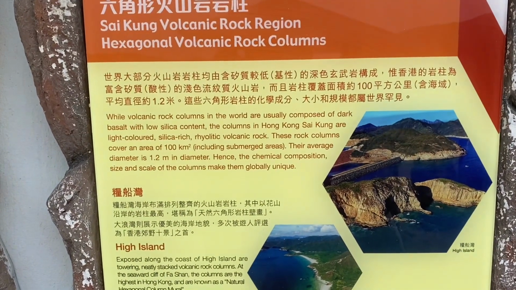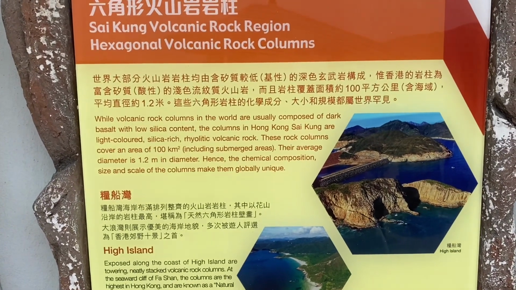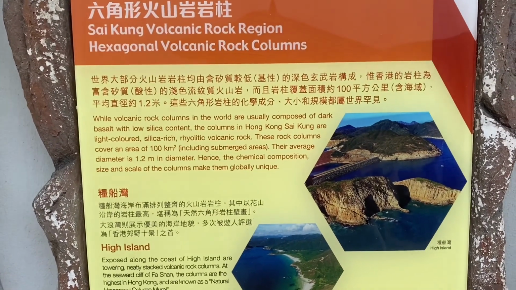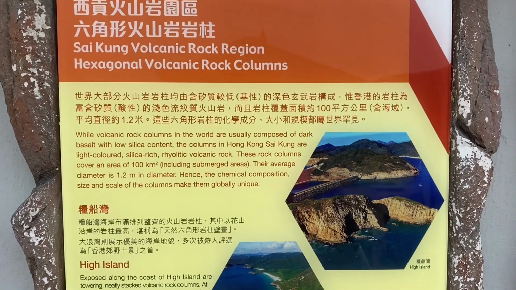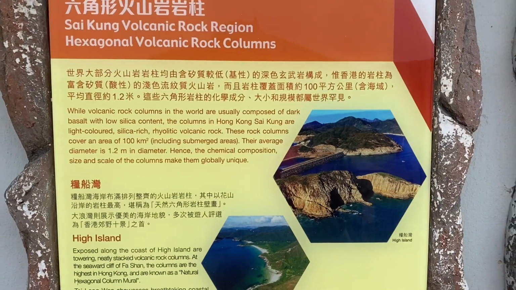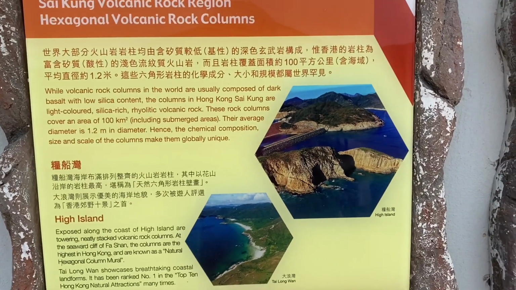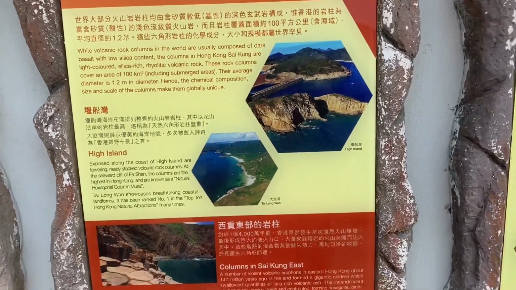And the average diameter, it is talking about the hexagonal columnar joint mostly, it is 1.2 diameter. The chemical composition is quite unique. We cannot say all the things right here are the same, so sometimes it is red in color, sometimes light in color, it is always like this.